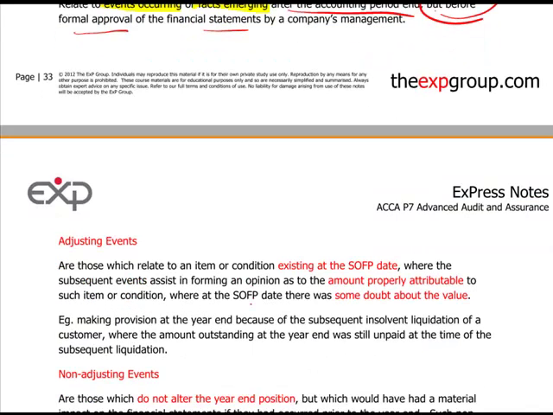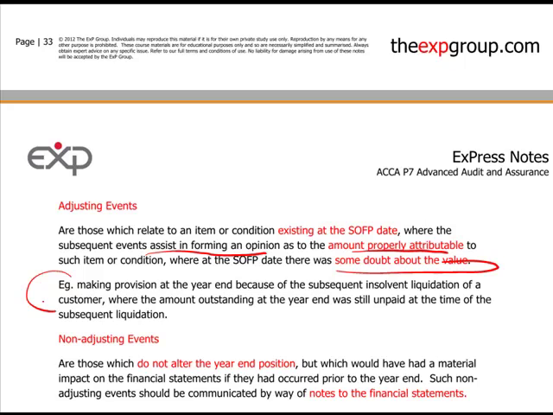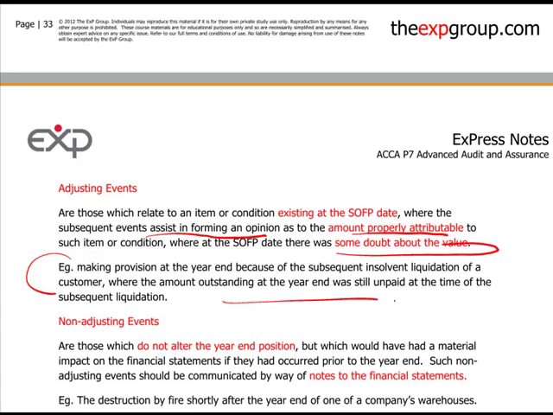Adjusting events are those which relate to an item or condition existing at the statement of financial position, i.e. the balance sheet, where the subsequent event assists in forming an opinion as to the amount properly attributable to such item or condition, where at the balance sheet date there was some doubt, so it provides extra evidence. There's an example the notes give here of making a provision at the year end because of the subsequent insolvent liquidation of a customer. So a customer that owes you money, presumably a material amount, and then goes insolvent. So that gives you an adjusting event.